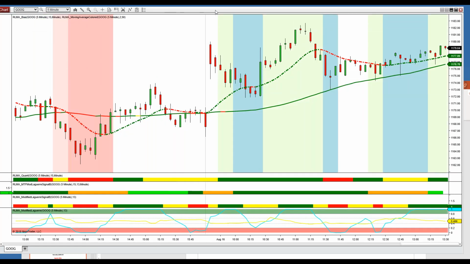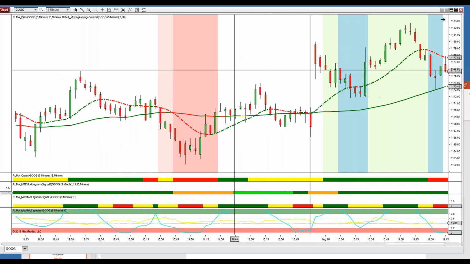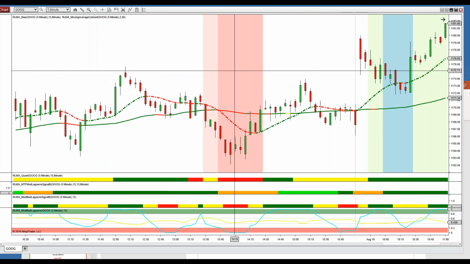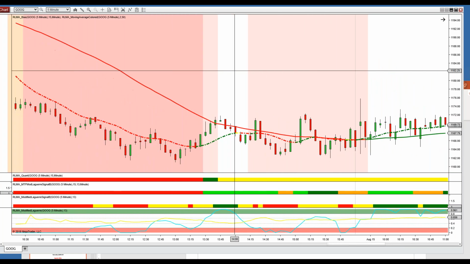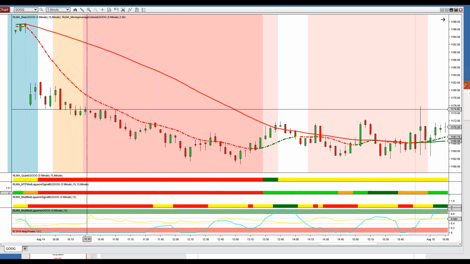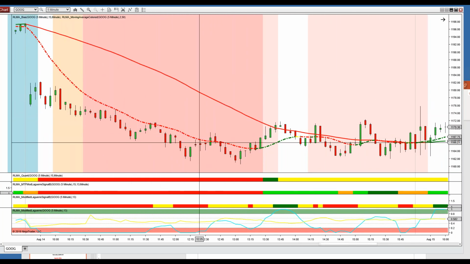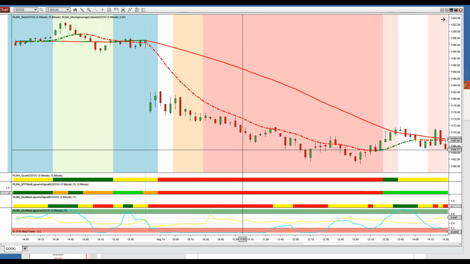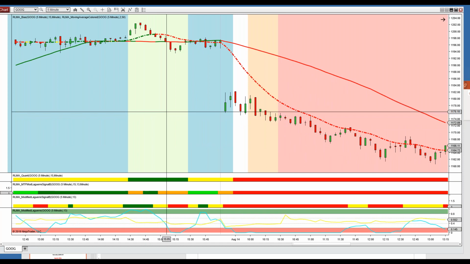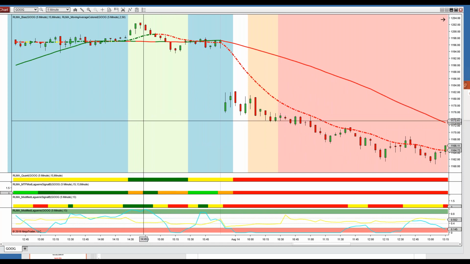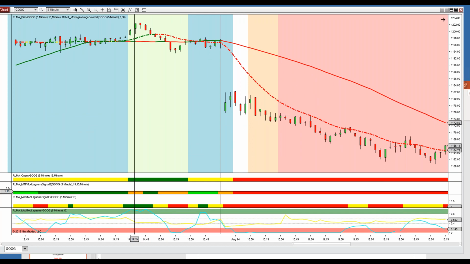So here's Google. And this is a 5-minute chart, which is very fast for Google. Now here, this would be a short. And it would be a brief long. Actually, it wouldn't have been. See this line right here? It's orange. So there would be no signal here.